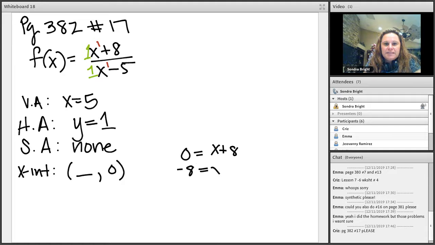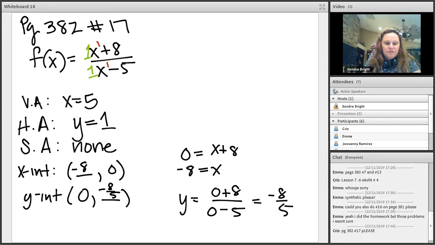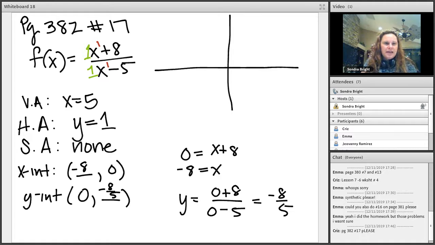So we got x is equal to negative 8. And then your y-intercept is when x is 0, and you plug in a 0 into x, and you'll have an 8 over 0 minus 5. So that's a negative 8 over 5, which is like negative 1 point something. And then my graph will look like I've got x equals 5 as a vertical asymptote.